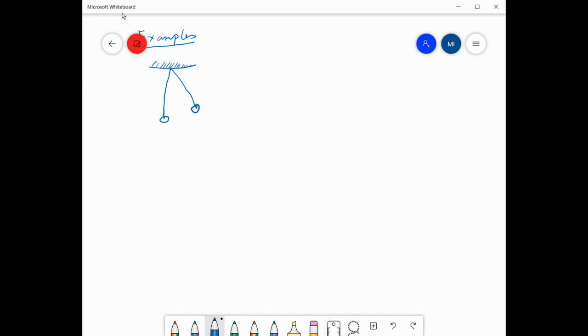Now, if you take this axis to be the minus y axis and this to be the x axis, then there are actually 2 degrees of freedom, x and y. But there is one constraint, and the constraint is that L, the length of the string, is fixed. So there is one constraint.